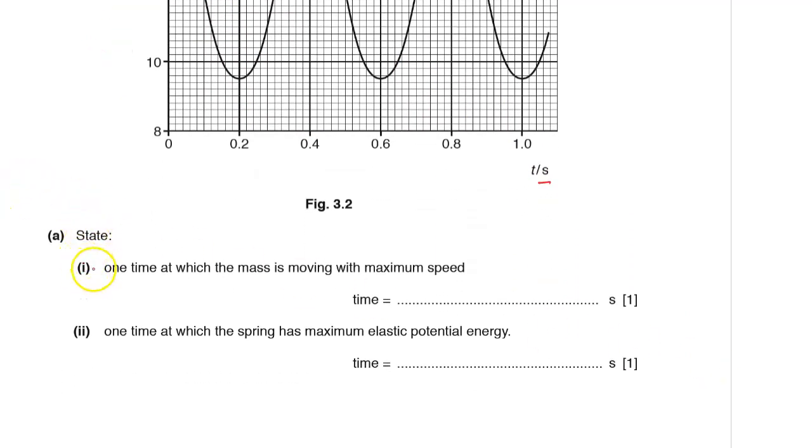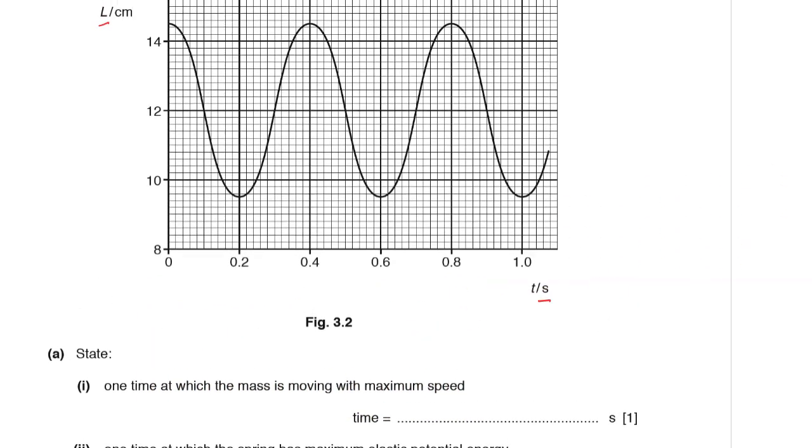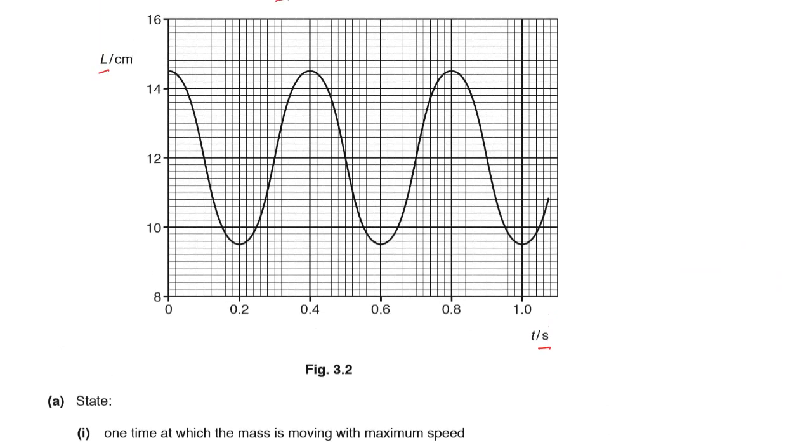State, that is part A, one time at which the mass is moving with maximum speed. Maximum speed is when the mass is at the equilibrium position. If you draw a line through here, this is the equilibrium position.